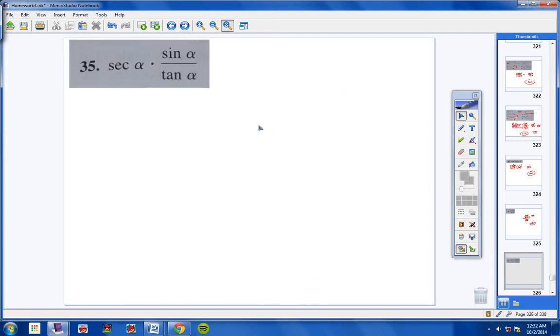Moving on to number 35. All right. Now let's think this through here. Let's see what we got. I'm going to try this one. I hope I don't make a mistake here. Let's see. Sine would be. I'm going to leave secant alone. I'm going to put x instead of trying to draw that really weird fish-looking symbol.